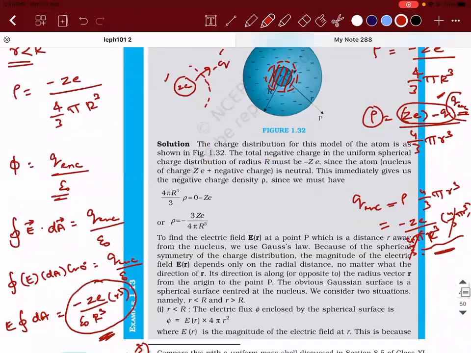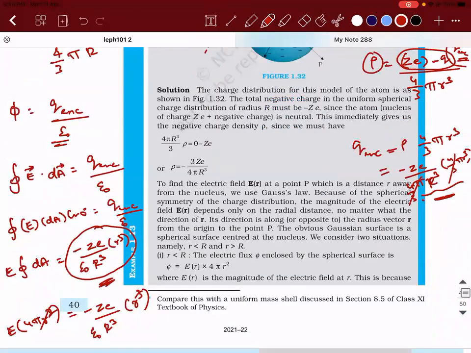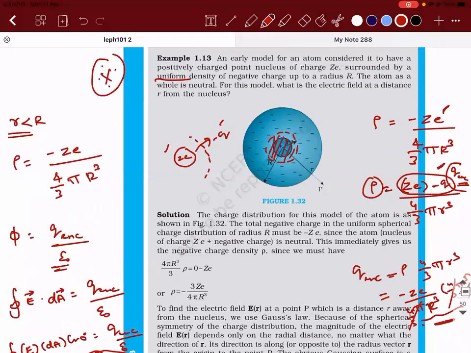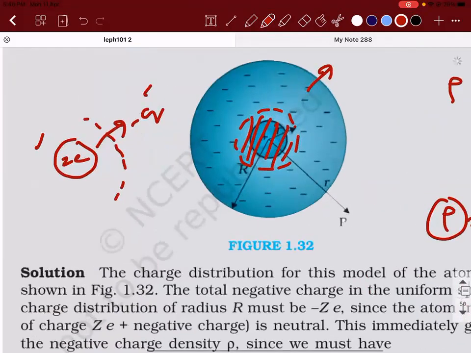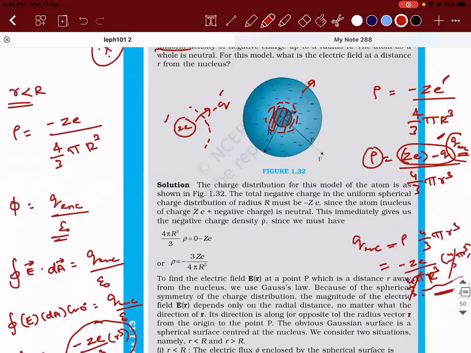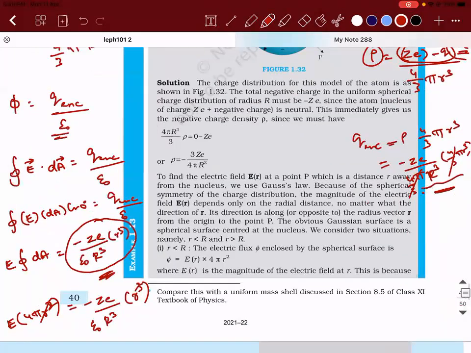Okay. So how did they do? Because I took charge of this one only into consideration, negative charge. Because they didn't give us the size of the nucleus. No, here it is.